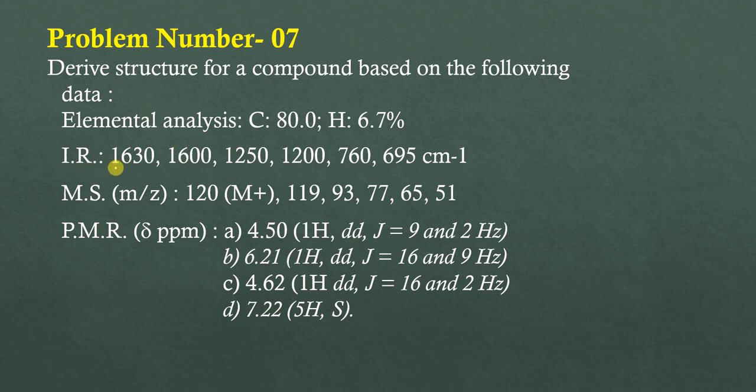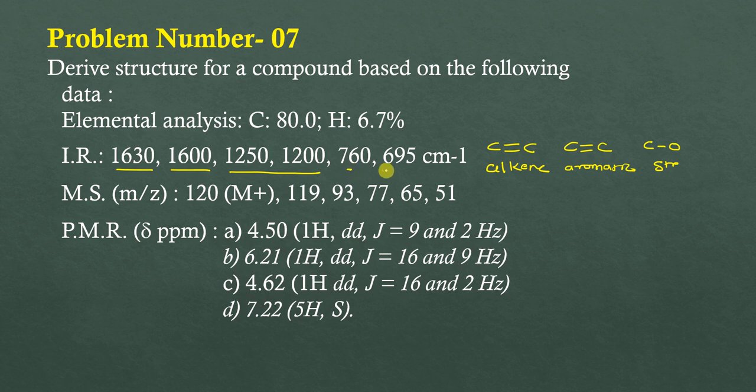IR data is given: 1630, 1600. So 1630 can be for C=C stretching of alkene. Then 1600 can be for C=C stretching of aromatic ring. Then 1250, this can be for CO stretching.